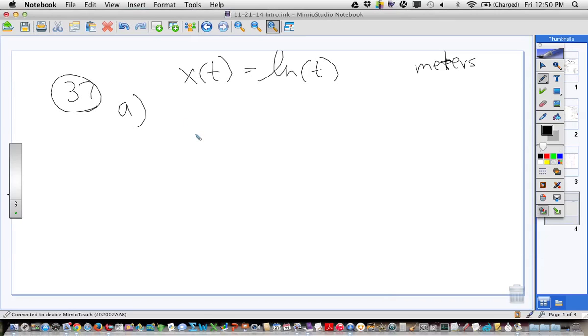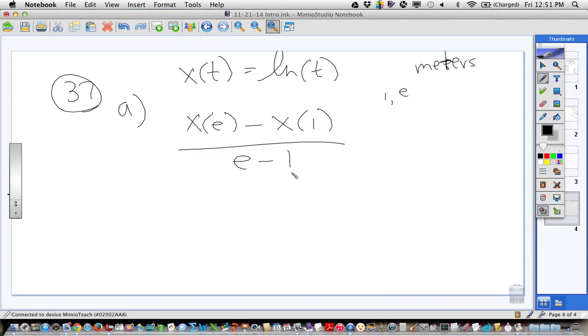All right. So average rate of change is slope between two points. And they give you the 2 points, 1 and E. Right? So we plug E in. We plug 1 in. That's it. That's average velocity, because velocity is meters per second. That's the derivative. That's the rate of change of position.